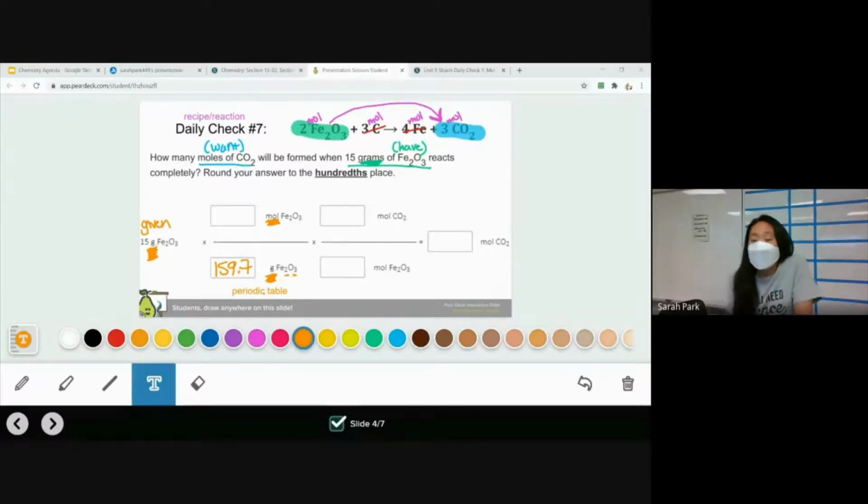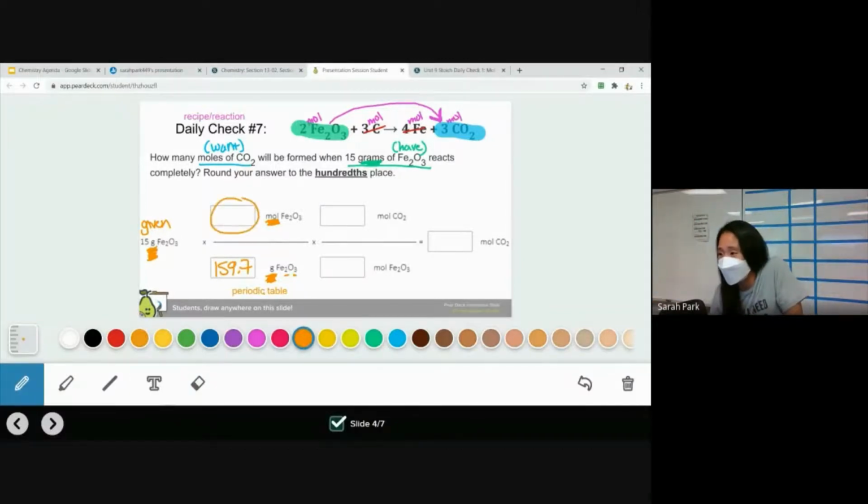Okay, now this is where people mess up. This number right here is the most common mistake. Here's a question I want to ask you, and I'm going to ask it several times. How many of these compounds right here, this Fe2O3, weigh 159.7 grams?